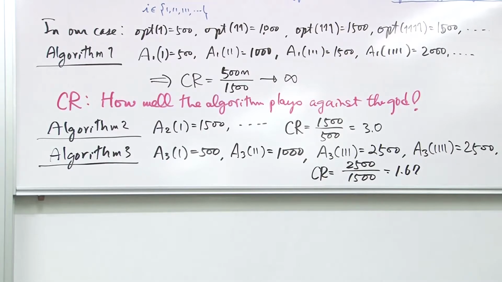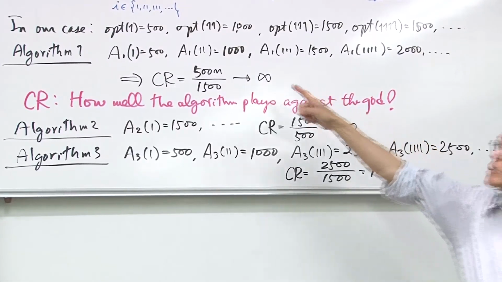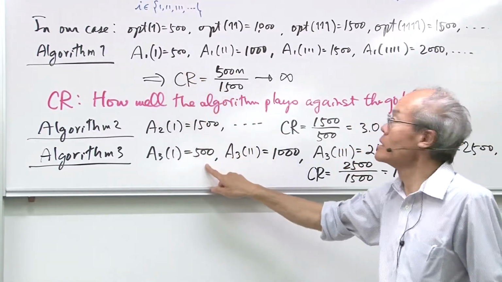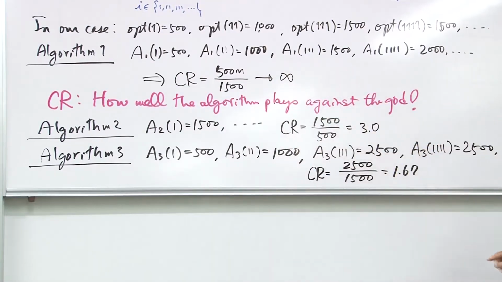The worst case is here, maybe here, the same. This ratio is 1, again 1, but 1.67. So this is the worst case. The competitive ratio is 1.67.